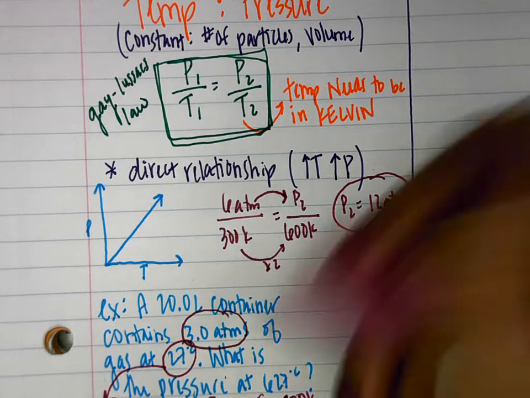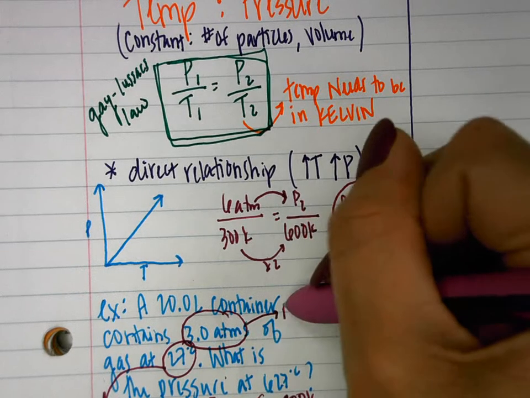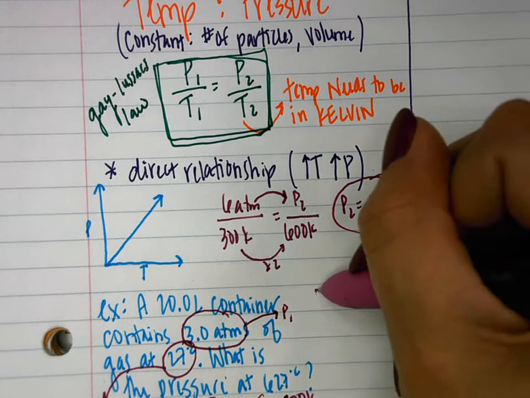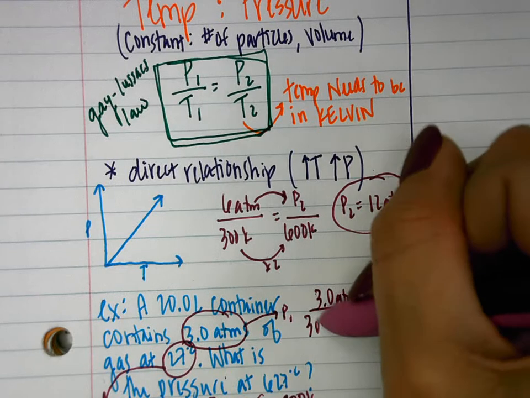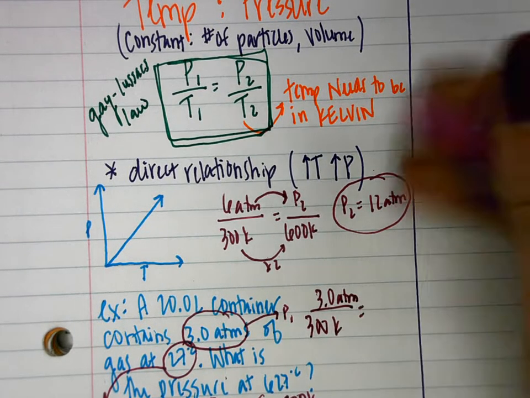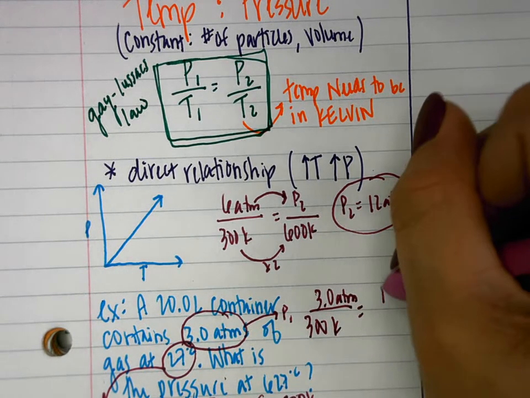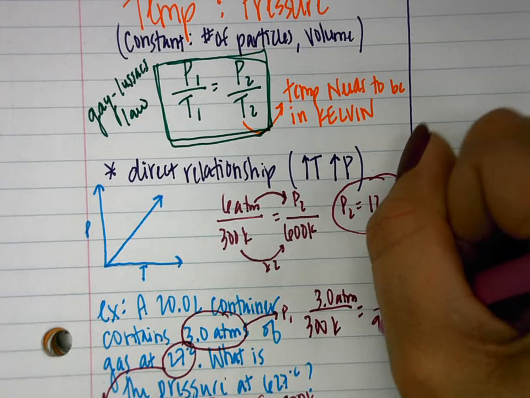And then we got our P1 up here. So we can plug in 3 ATMs over 300 Kelvin equals P2 over 900 Kelvin.